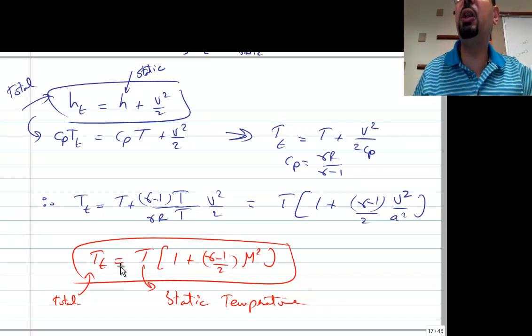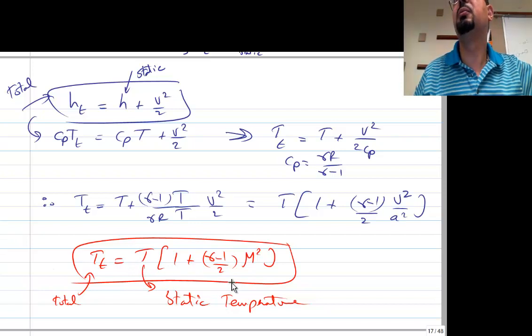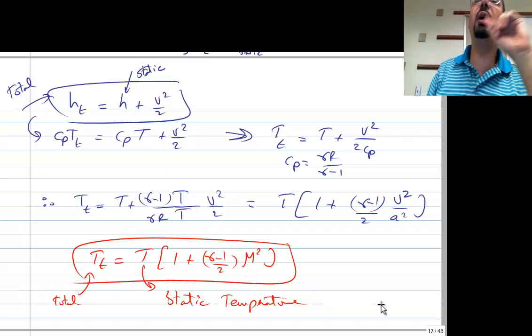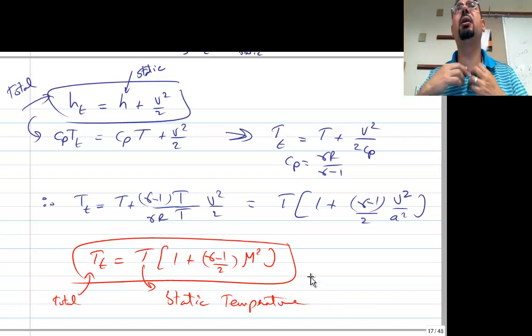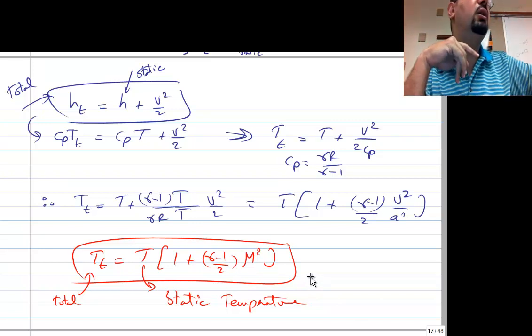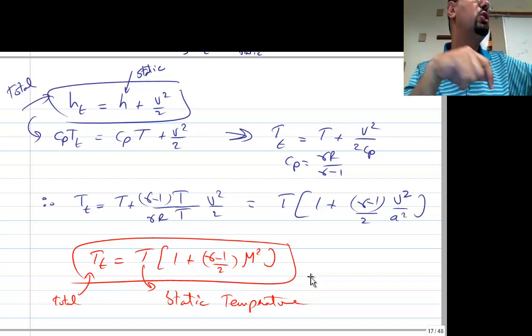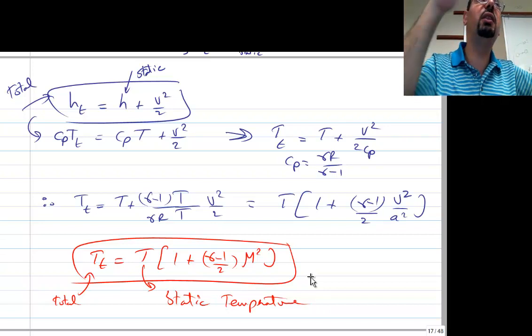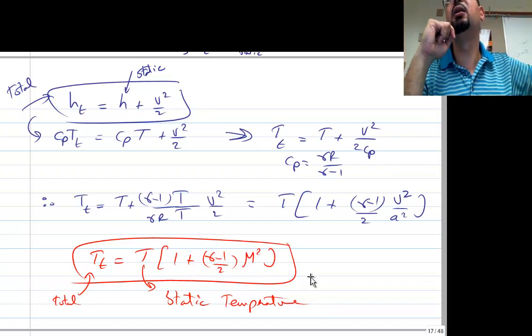So this is the relation between T total and T. And as you can see, it's a function of Mach number and gamma, and that's it. In the exam, sometimes you don't want to plug gamma minus 1 over 2 times M squared into the calculator. For different M and different gamma, you just want the results without even taking the time to hit the calculator.